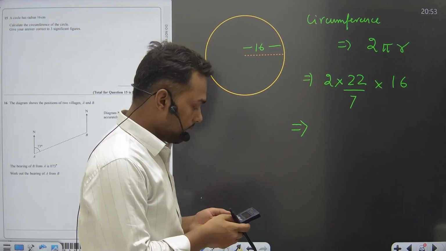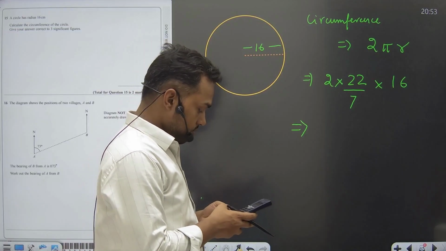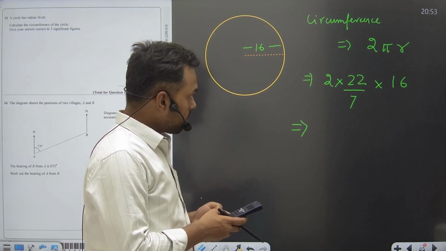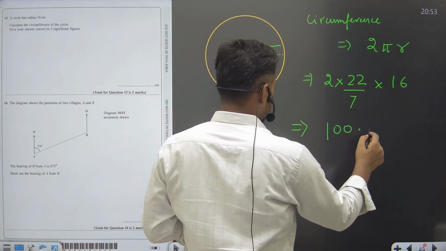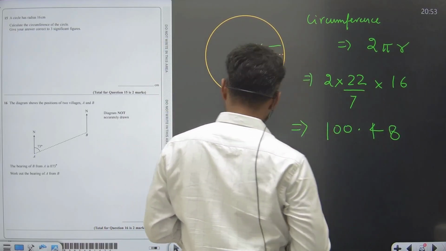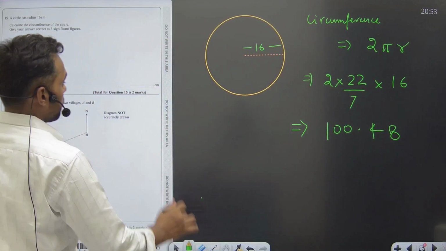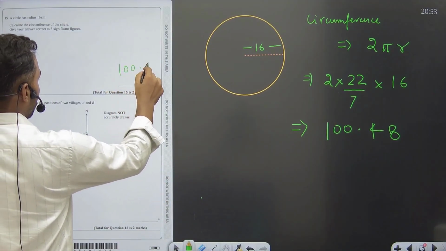Both are possible and both are correct. With r equal to 16, 2 cross of 3.14 cross of 16 will be equal to 100.48. So this is our solution, student, 100.48.